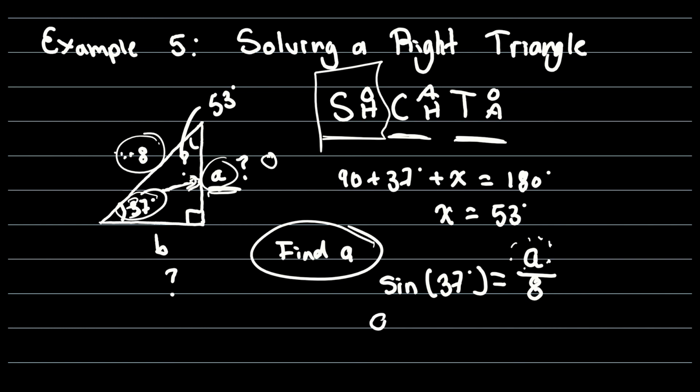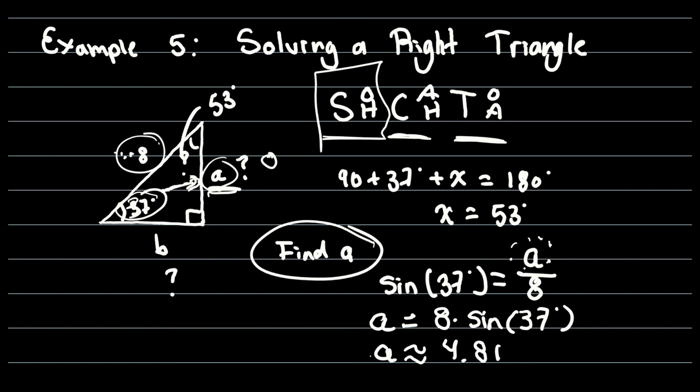And it turns out that A is equal to 8 times sine of 37 degrees. If we use a calculator for this one, we end up that this is approximately, that is a horrible approximation sign, 4.81. There you go.